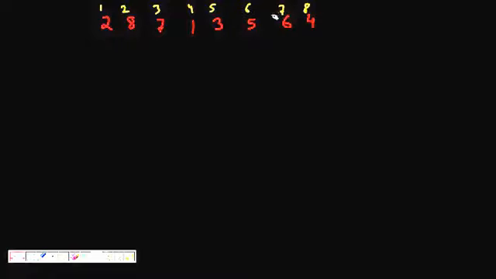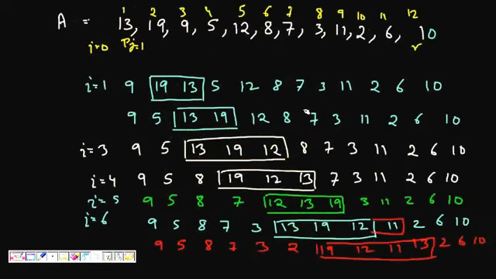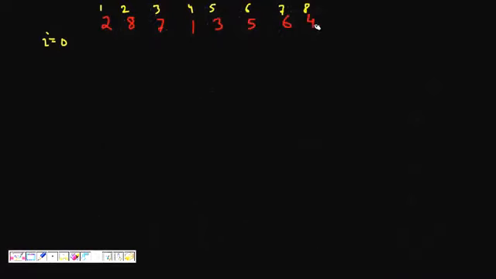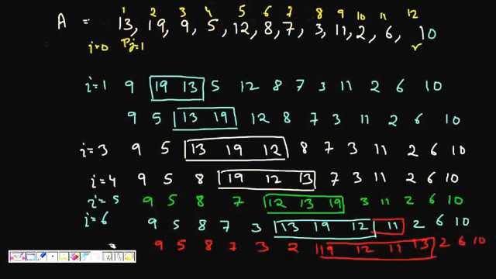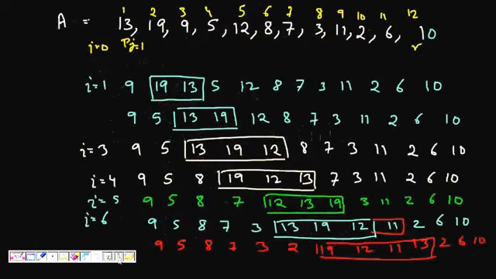Initially I is 0, and J starts from P and goes till R minus 1, which is 7. It checks if A[J] is less than the pivot element, then we increment I and swap A[I] and A[J]. Let's see what this does.